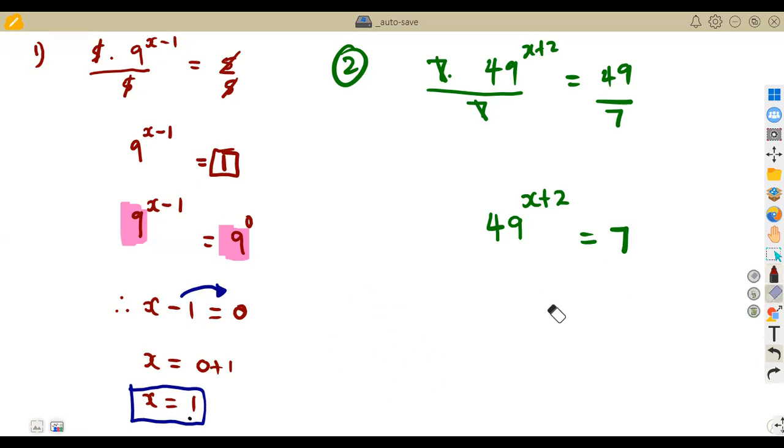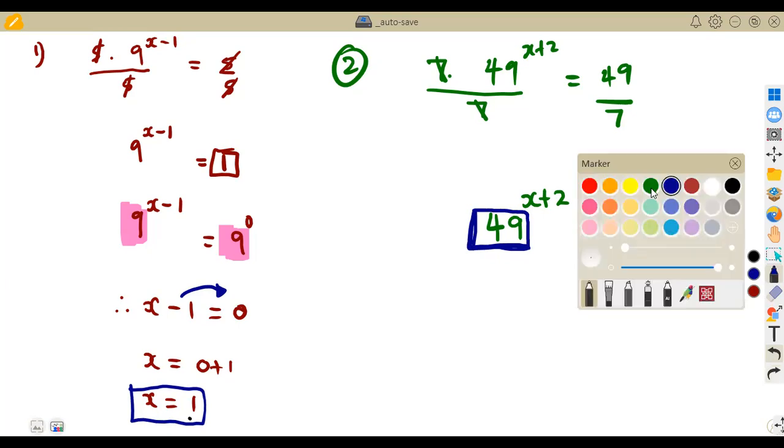We can even do that on our calculator to test which exponent we are going to use, as we try 7 to the exponent until we get the one that gives us a 49. So what am I trying to say? In place of this 49 that we are seeing here, we are going to write it in terms of a 7, the one that we are seeing on the other side, okay?